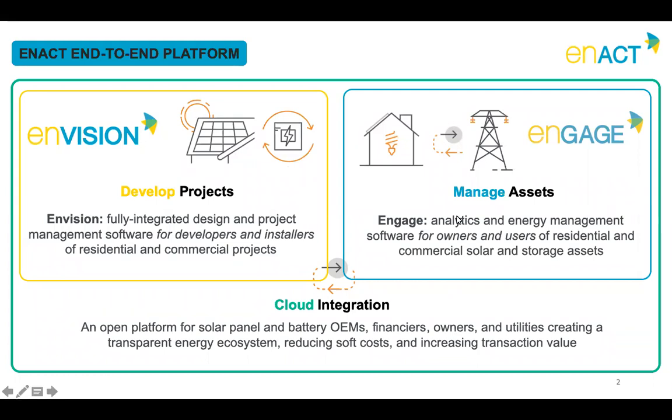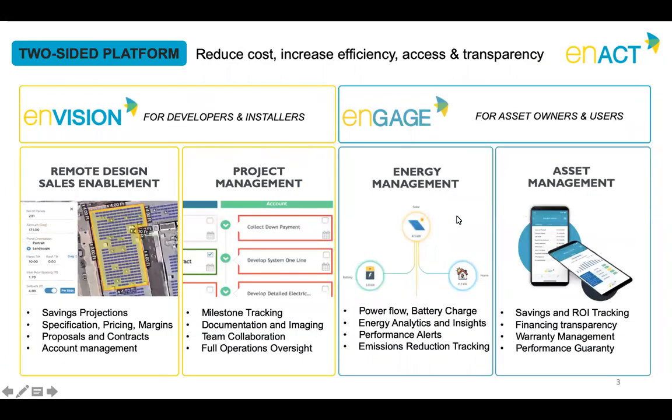So ENACT Engage is really the topic for conversation today. To get Engage working well, you have to have a good design. And a good design on Envision comes with a complete remote sales as well as project management plan. The sales design enables, of course, not just utility rate savings projections, but detailed pricing down to each line item of the project.